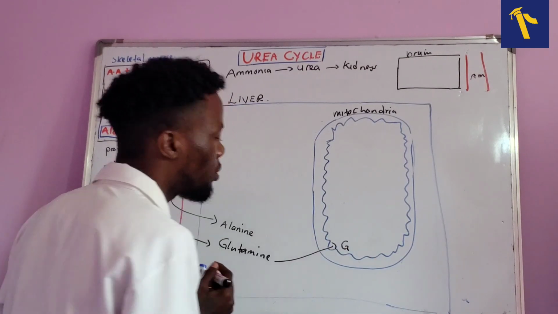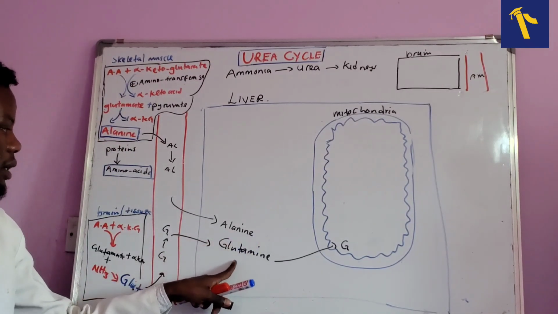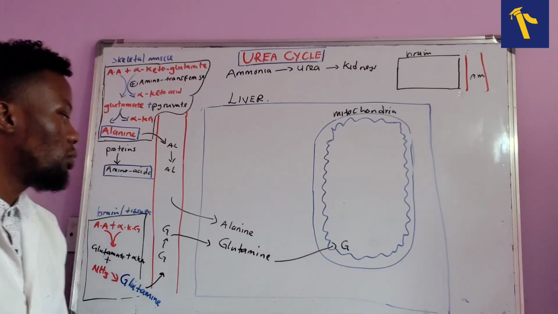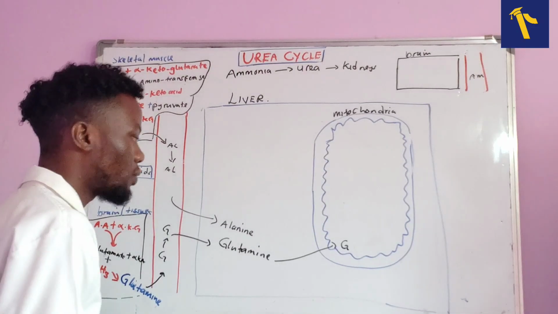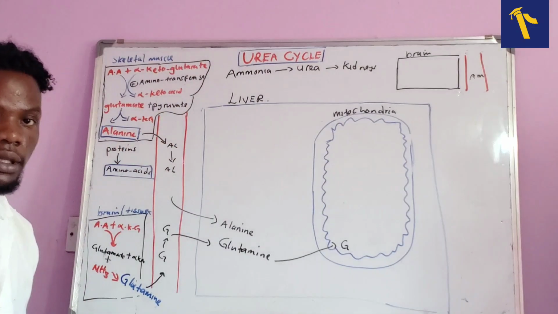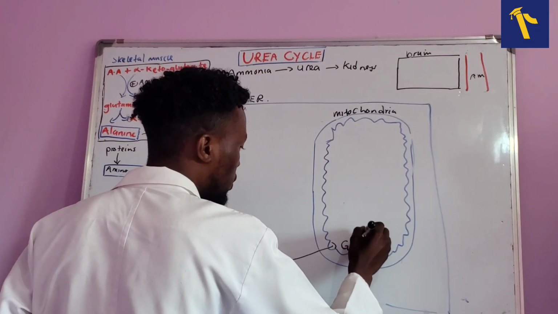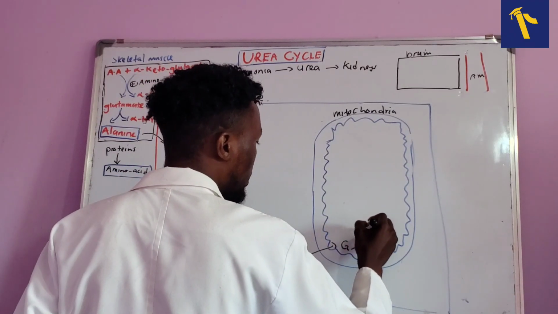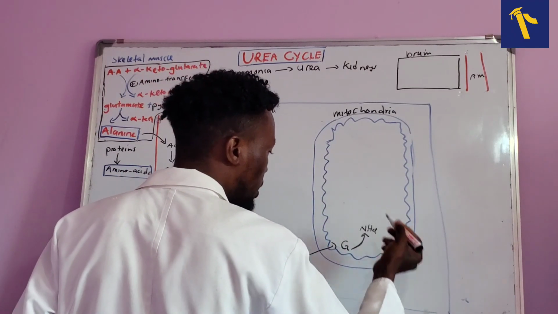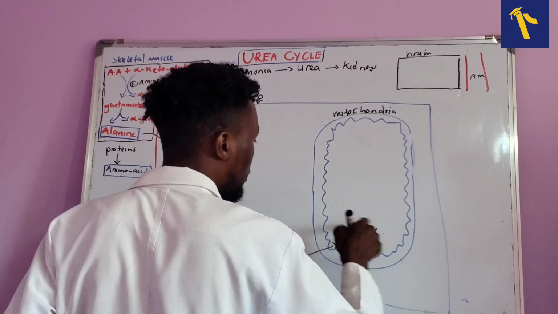All right. So now, what we're simply saying here is glutamine has that ability to go into the mitochondria, like alanine. Then what's going to happen to glutamine is that it's going to be converted into something that we need. Glutamine is going to be split into ammonia, which we need, plus glutamate.